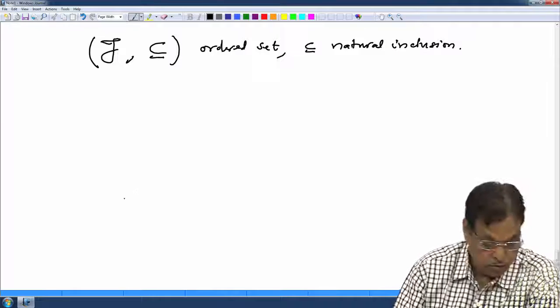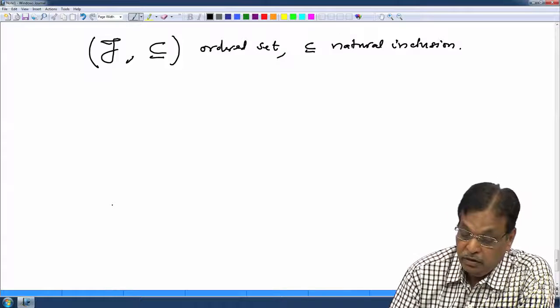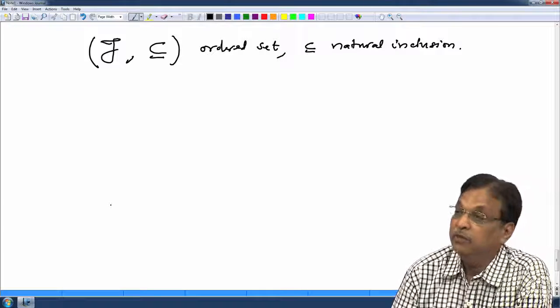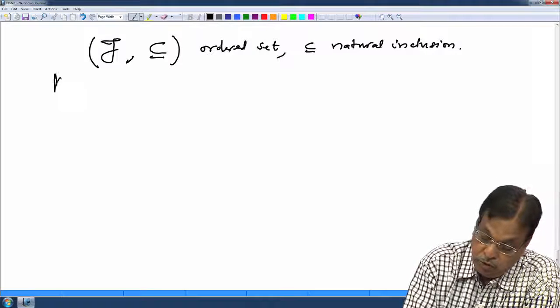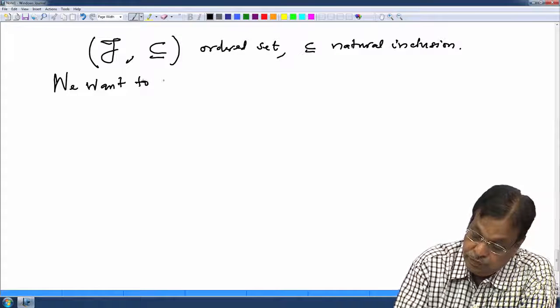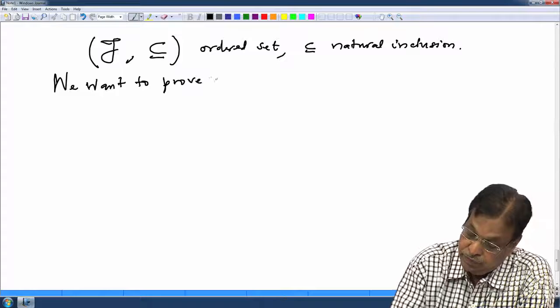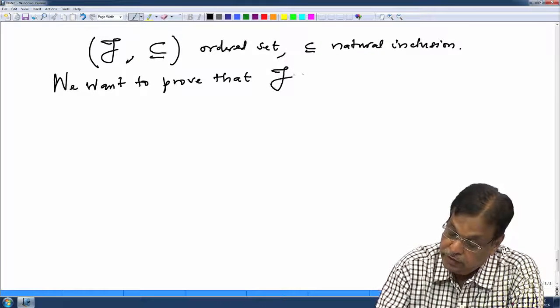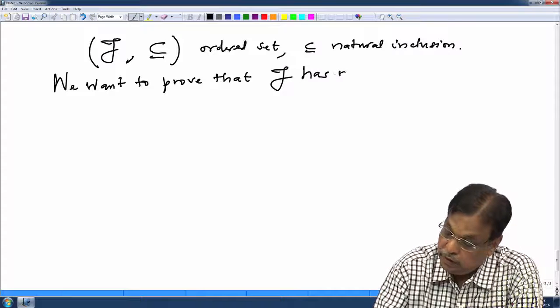And we want to check that this ordered set has maximal elements. We want to prove that script J has maximal elements.